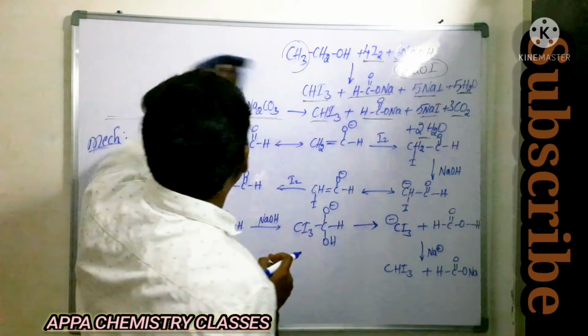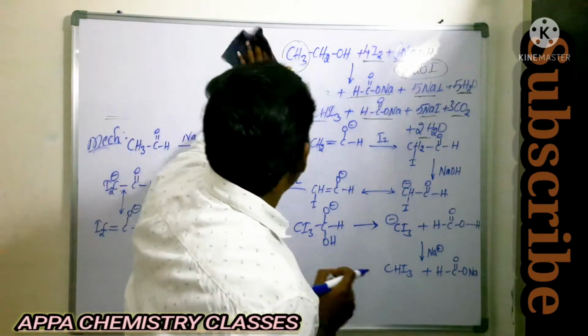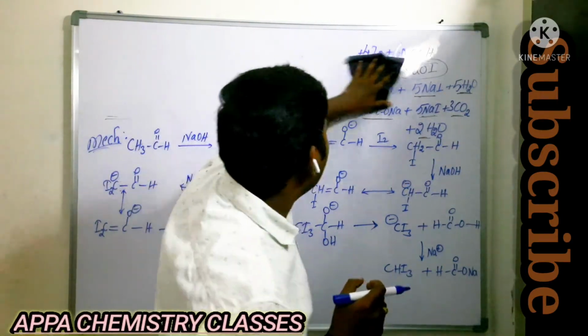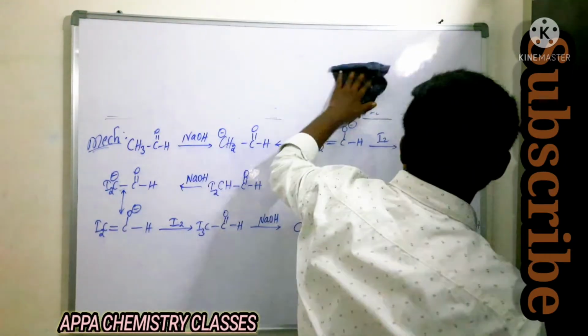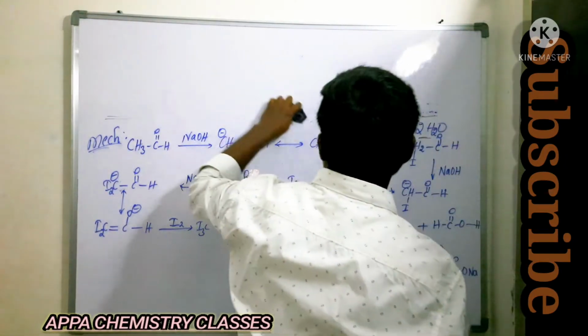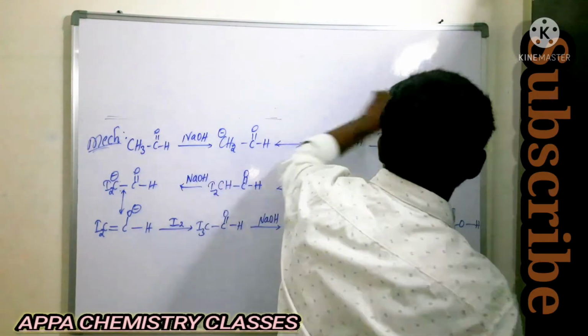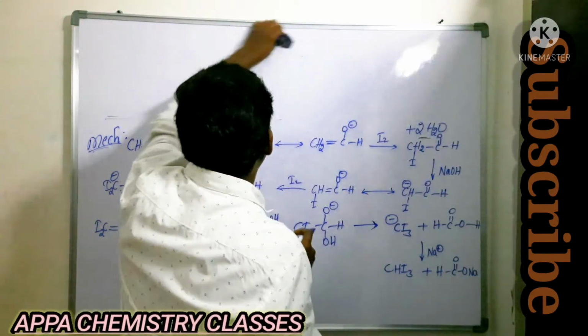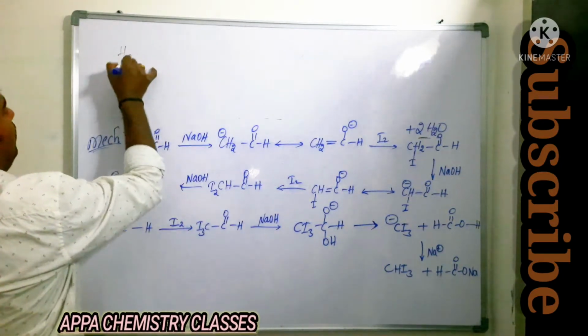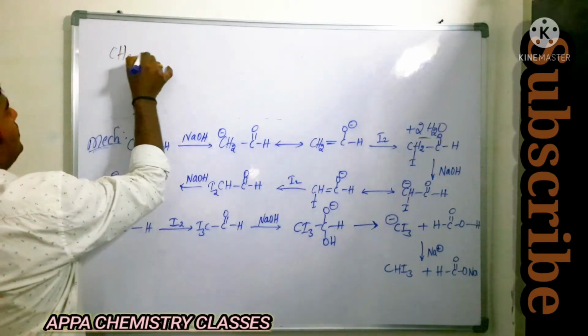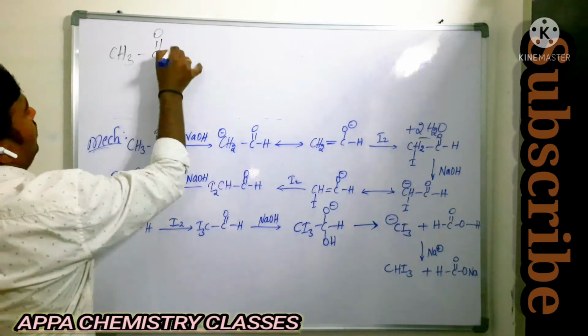In the haloform reaction, in a carbonyl compound, what type of mechanism takes place, that we are going to see now. First we will see the mechanism. Now the normal haloform reaction I will write here. I am taking an aldehyde, CH3CHO.